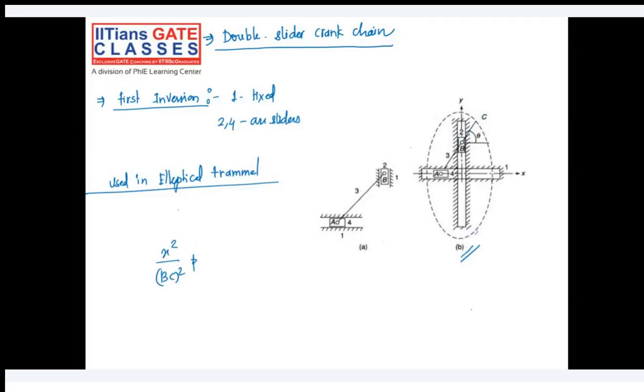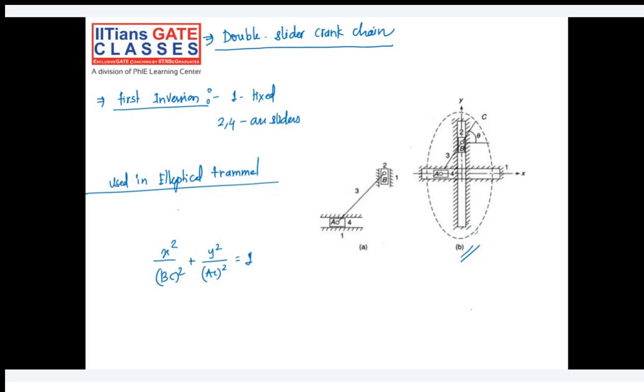So try to think: if you want to make a circle, where do you have to keep point C, or what should be the possible case in that situation? How can you generate the circle out of it?